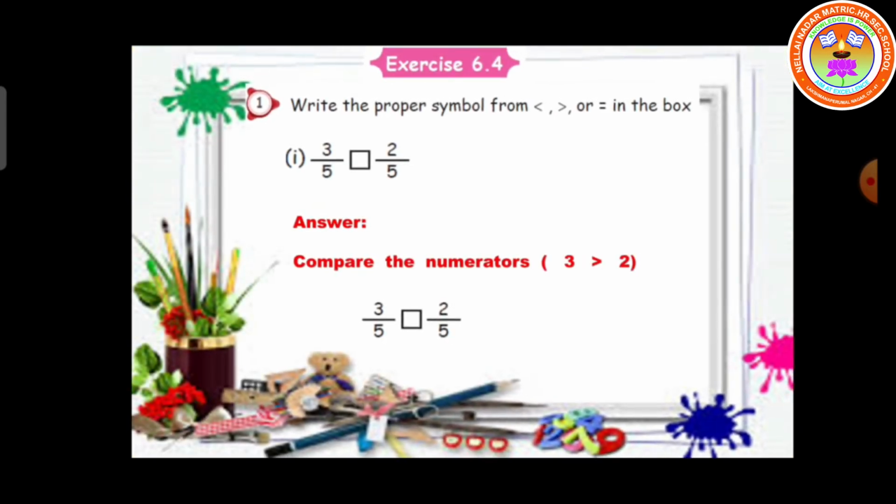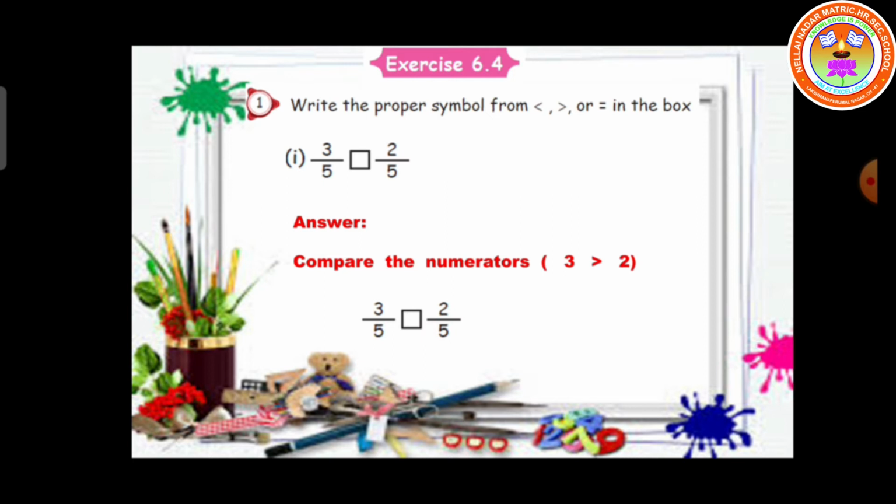Next, exercise problems. Exercise 6.4. Write the proper symbol from less than, greater than or equal to in the box. First problem, 3 by 5, one blank box, 2 by 5. We have to compare the fractions and write the symbol whether it is less than, greater than or equal.